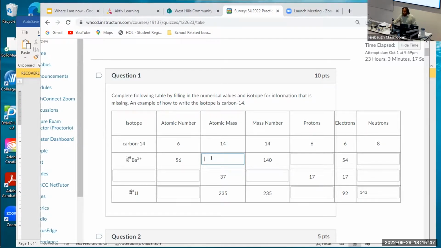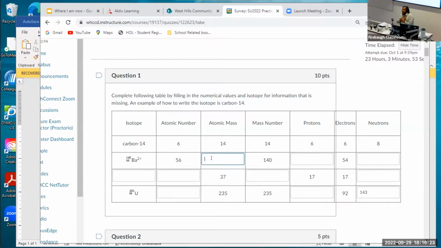Yes, that is enough. But if it's not given to you that it's an isotope of that element, then the mass number is going to be different from the atomic number.